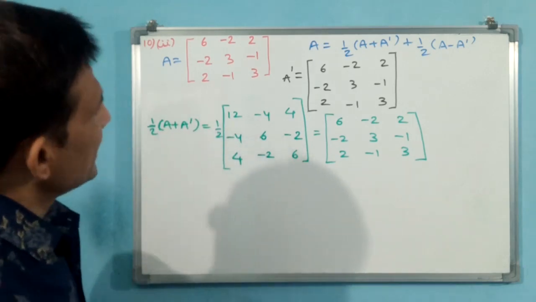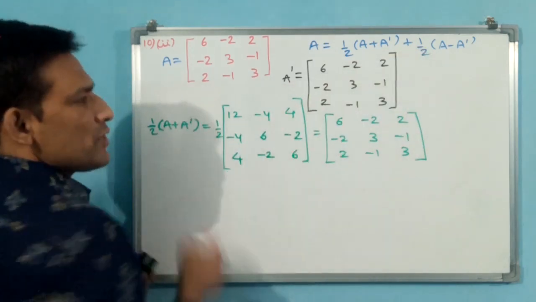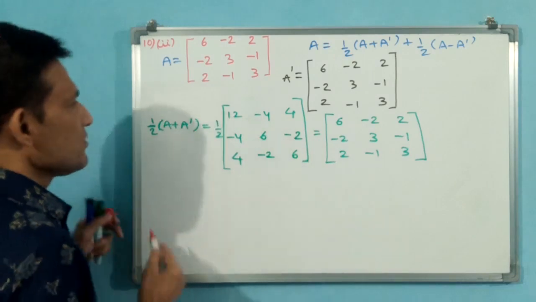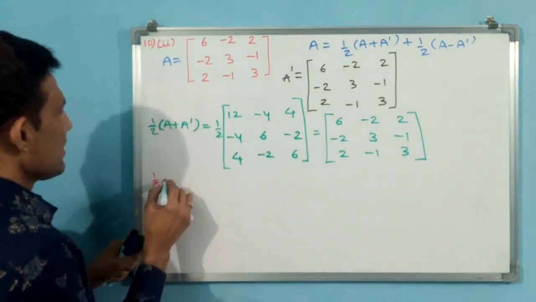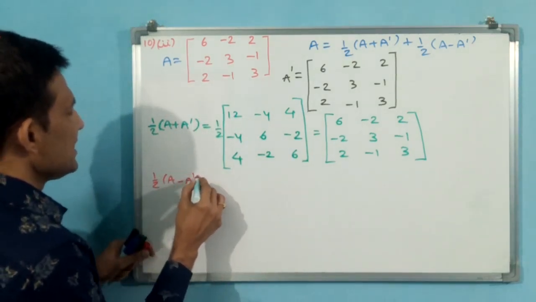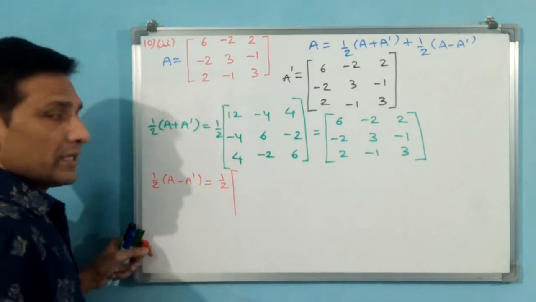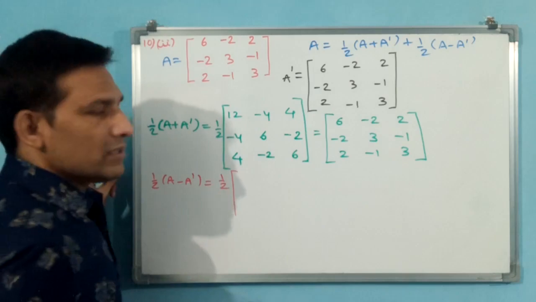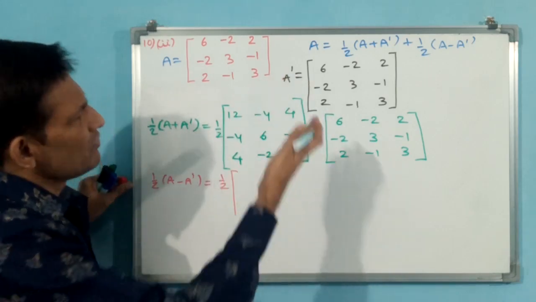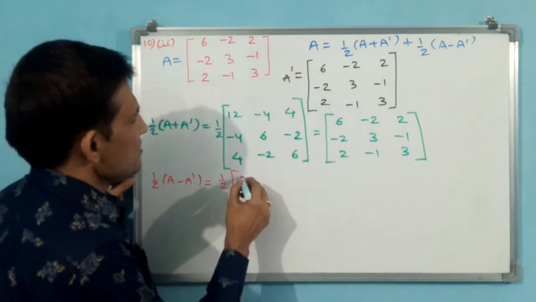Okay. Let us do 1 by 2 (A minus A transpose) also. Now you see you have to subtract all this. All are going to become 0. 6 minus 6 is 0.